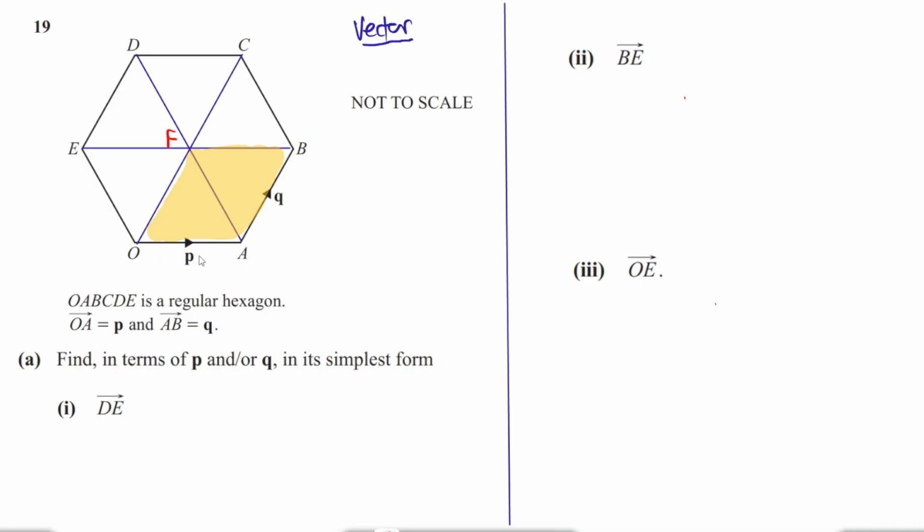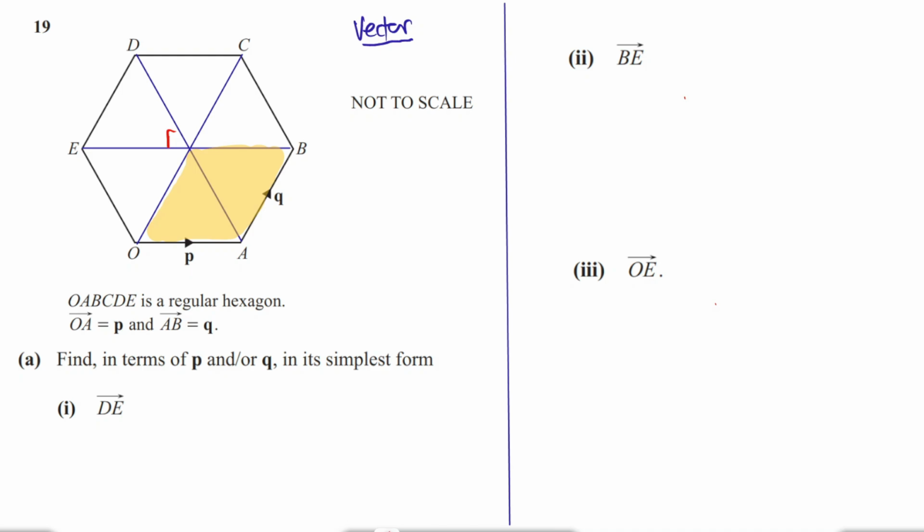So what we are having, OABF. We can say that OA is looking parallel to BF and AB is looking parallel to OF. If opposite sides are parallel, then it is considered a parallelogram. And when it is a parallelogram, the opposite sides are also equal. In a parallelogram, opposite sides are parallel and opposite sides are equal as well.